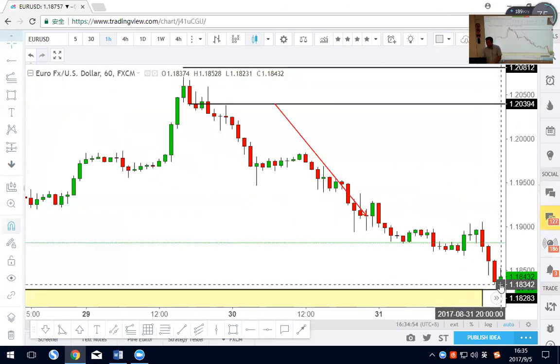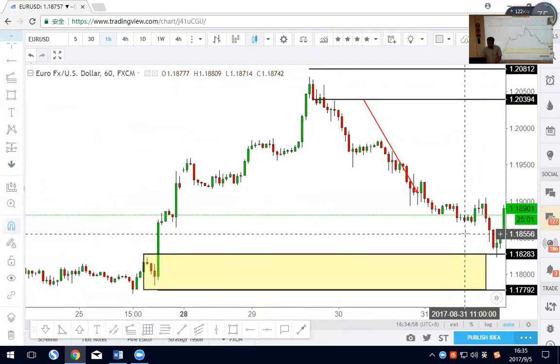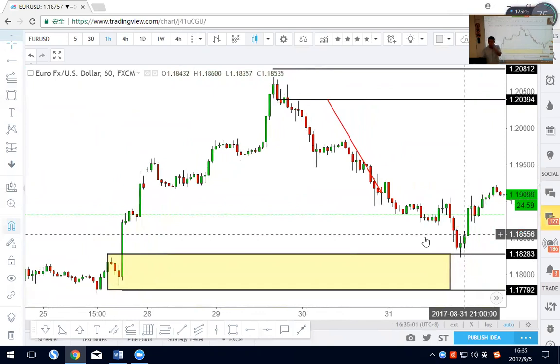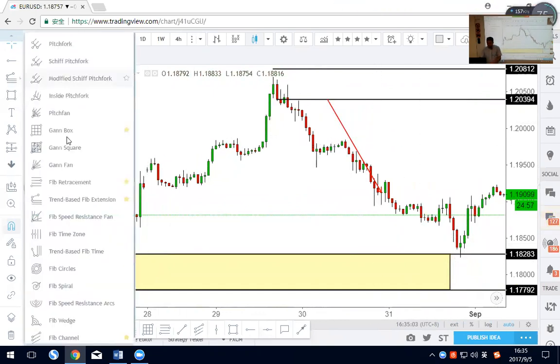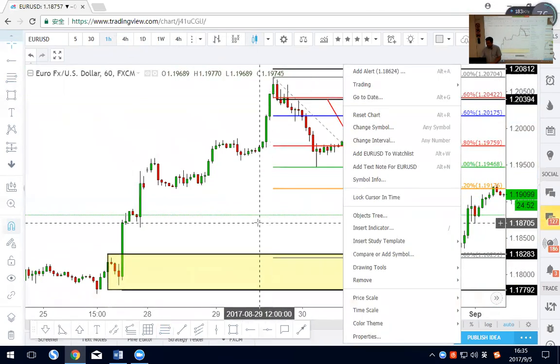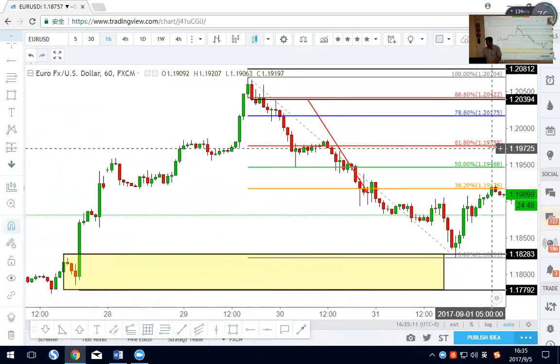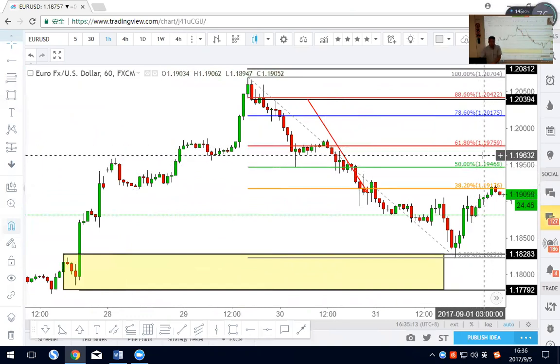And you start to buy, and we can apply our Fibonacci levels here to determine where our long target is. The first target is 0.382, and the second target will be 0.618.